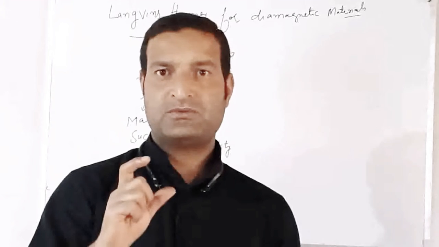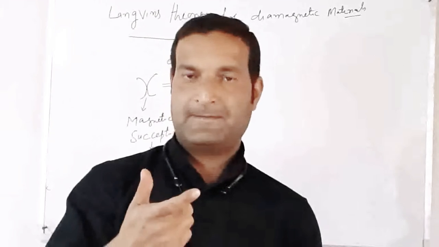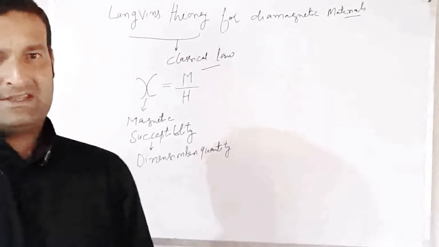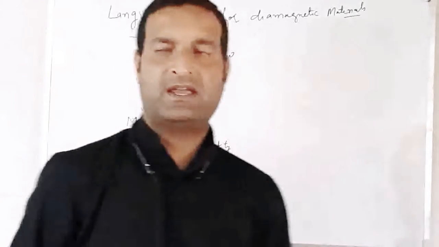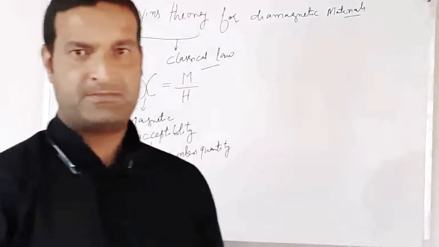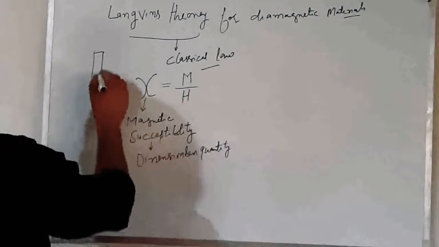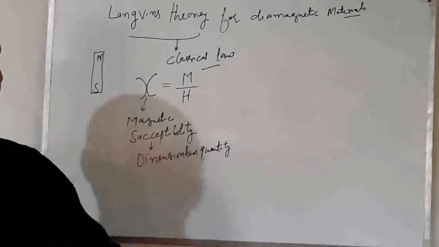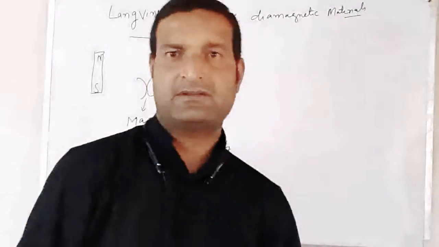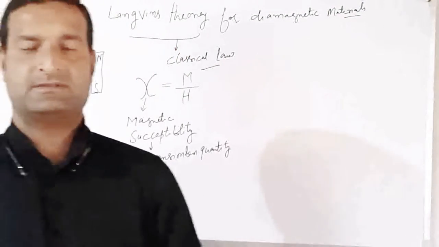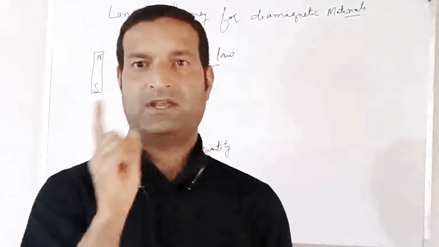So this current loop has a magnetic moment. It acts like a tiny magnet having a north pole and a south pole separated by some distance. If this is north, this is south, and this is a tiny magnet. These tiny magnets are always present within the material because of the orbital motion of electrons.